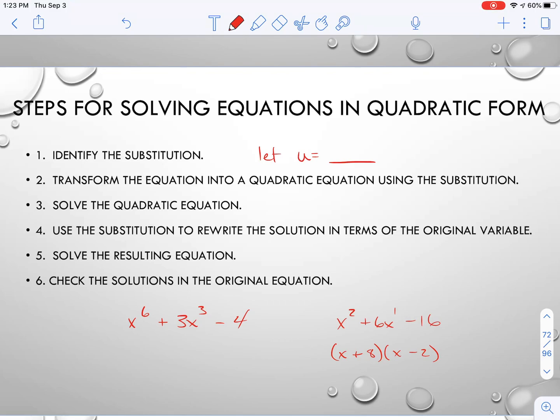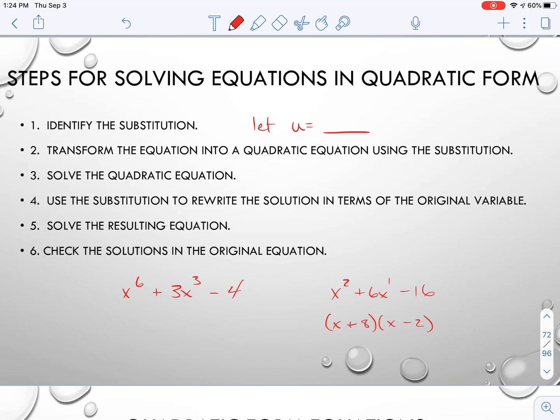So if I let u equal, I don't know, x plus 3, and I got u equals 4 as an answer, I need to now replace that u with the x plus 3, or whatever the expression happened to be. So I'm going to back substitute from u equals a number, using that let u equal an expression for the substitution above. I'm going to substitute that back in, and now I'm going to solve for x.